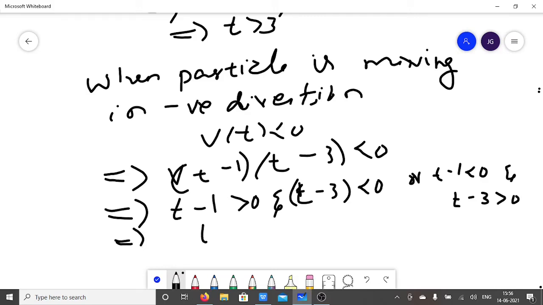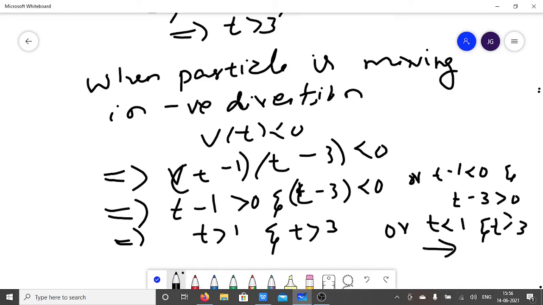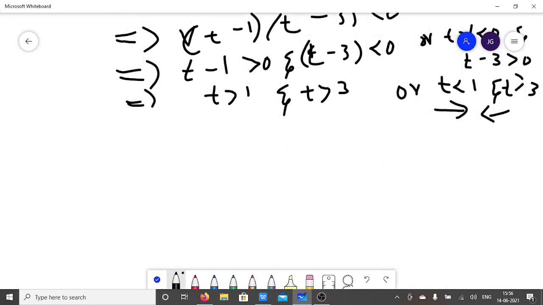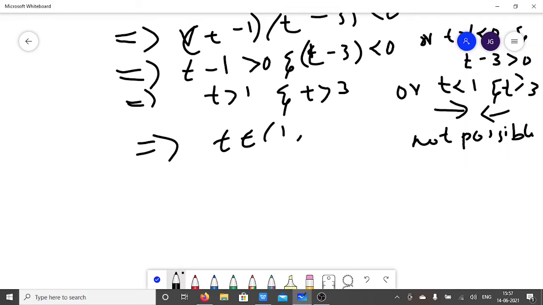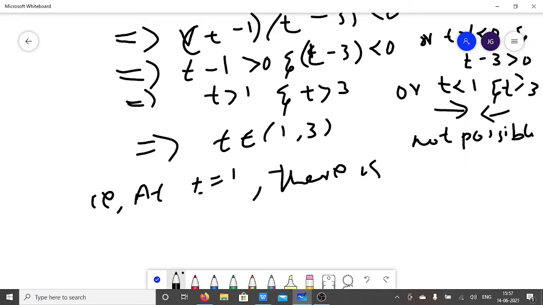The second case, t less than 1 and t greater than 3, is not possible. Here t greater than 1 and t less than 3 implies t is an element of (1, 3). So at t equal to 1, there is a change in direction.